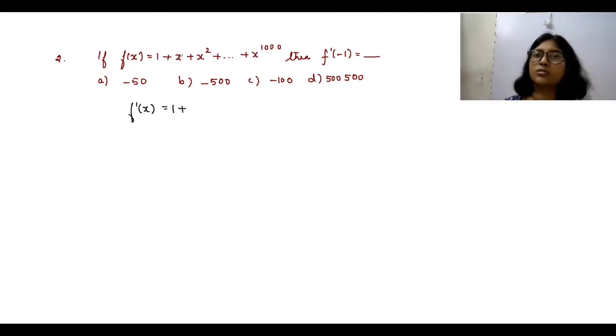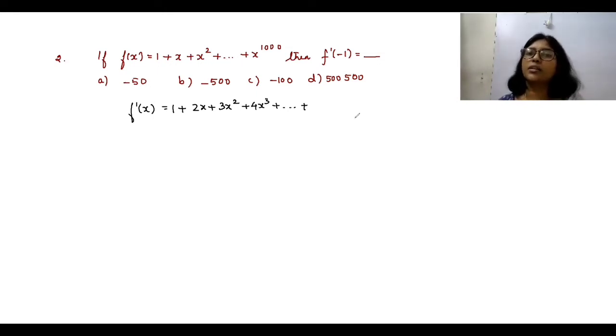Derivative of 1 is 0, derivative of x is 1, and then x square derivative, derivative of x cube, and then derivative of x raised to 4. The second last term is x raised to 999. The derivative is 999 x raised to 998, and then the last term.